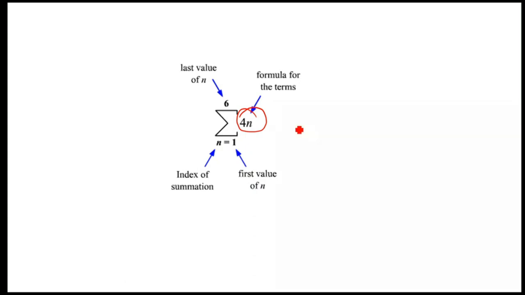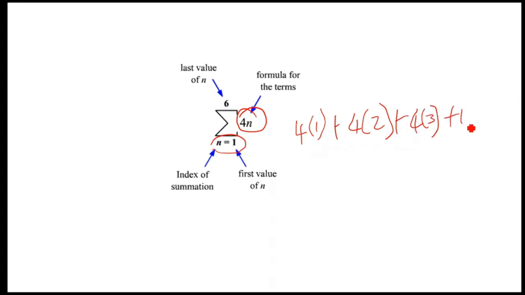You are going to have up to 6 terms: 4 into 1, because your n is equal to 1, plus 4 into 2 plus 4 into 3 plus 4 into 4 plus 4 into 5 plus 4 into 6, because this is your last value n. That's basically your summation.